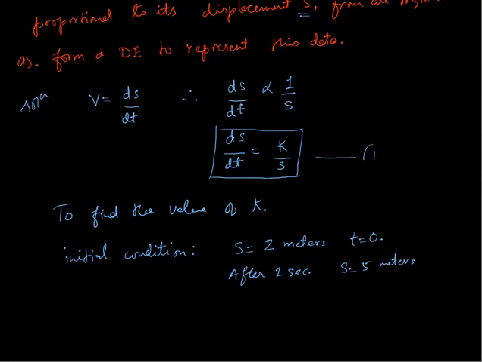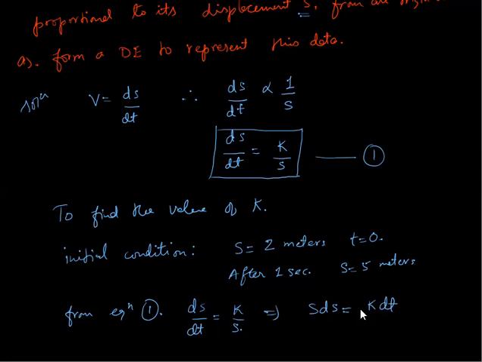So let us call this equation 1. So from equation 1, I can say ds by dt is equal to k by s. Now to solve a differential equation, we know that the method is variable separable, which implies s will go to left hand side, k will be on right hand side, and we can take dt and then integrate both the sides.